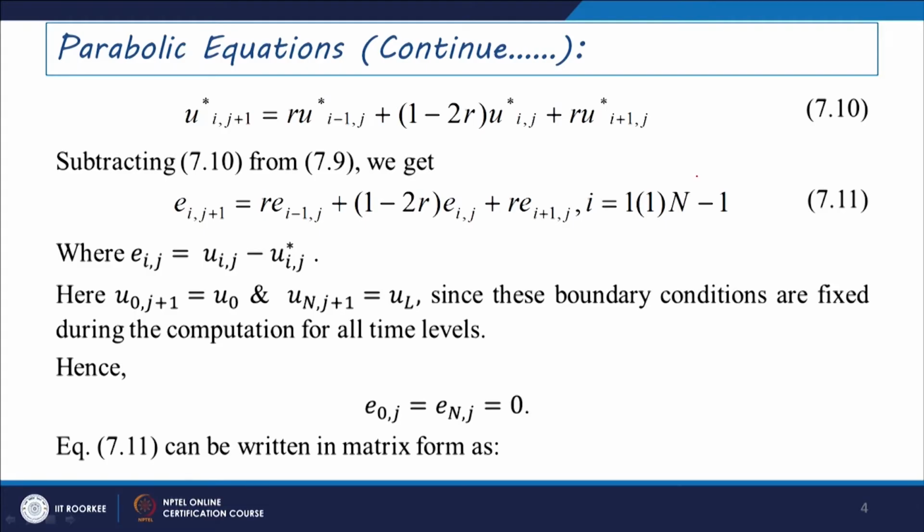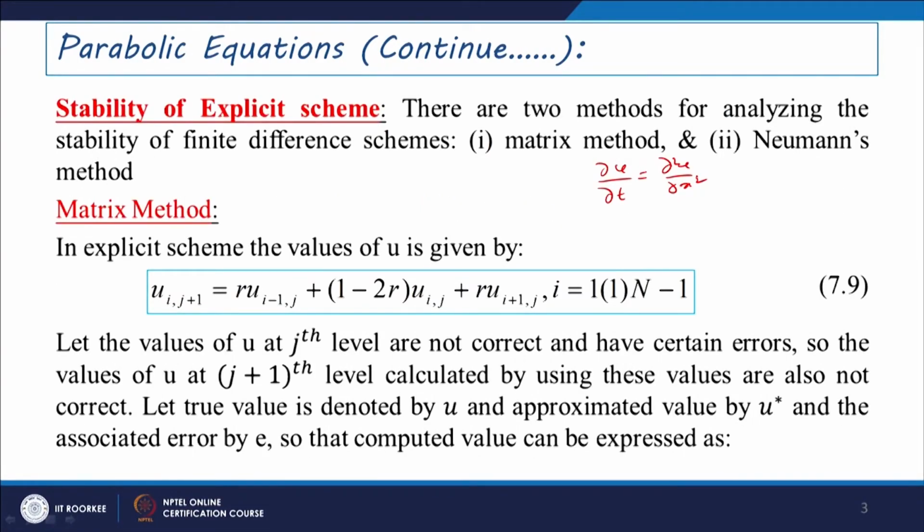You can say that this is the discretized solution, and this is the true solution, meaning the exact solution, or sometimes you can say this is the numerically calculated value.